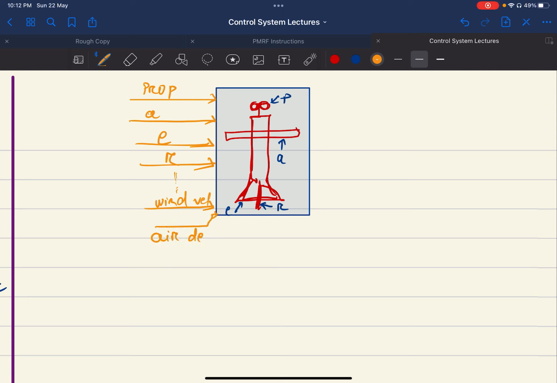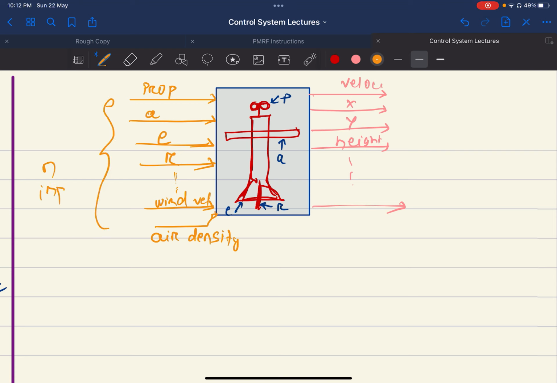All these parameters, my performance of the flight will depend on these things. And my outputs will be whatever output I want, like some velocity, x coordinate, or maybe y coordinate, or the height, or anything else. Suppose I'm assuming there are n inputs and there are m outputs.